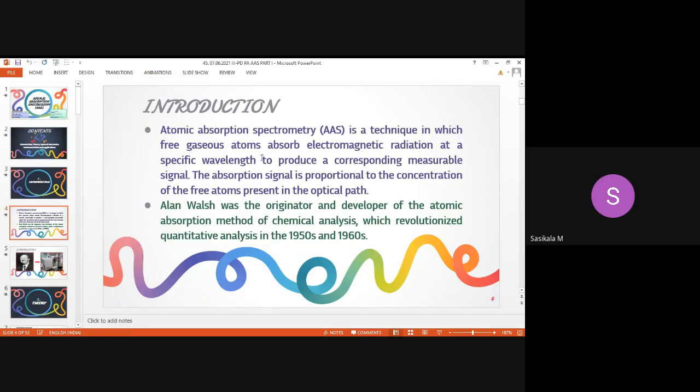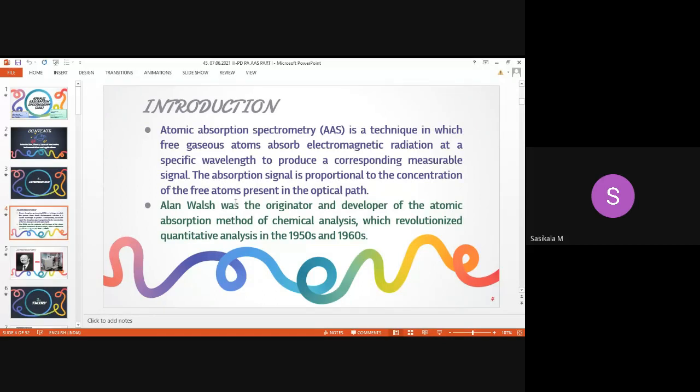And what type of atoms can you analyze? Alkali metals. Group 1 and group 2 elements can be analyzed, mainly alkali metals: sodium, potassium, lithium, these can all be analyzed by atomic absorption spectroscopy. And who discovered atomic absorption?